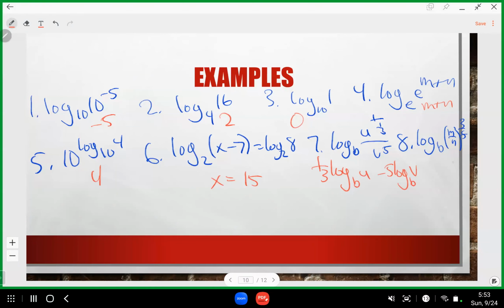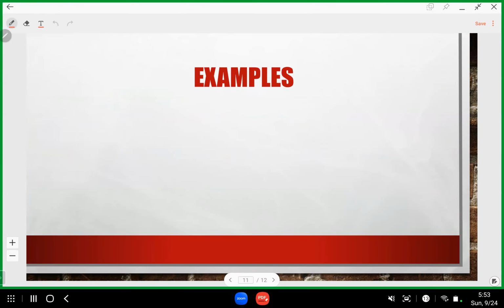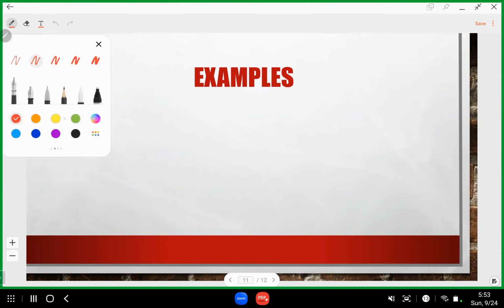And number 8 is 3/5 log base b of m over n. Oh wait, it's subtract these. Yeah. Right. Okay, so let's go on to our next one. See, that wasn't too hard.